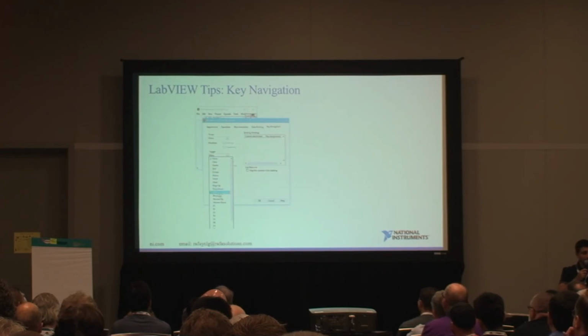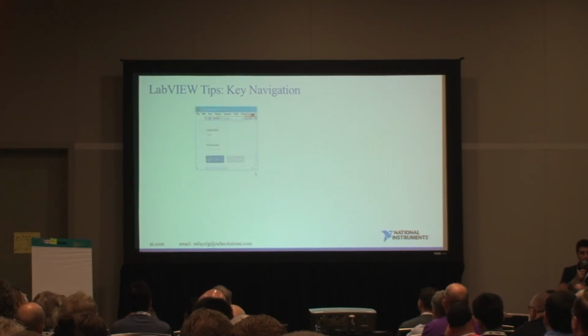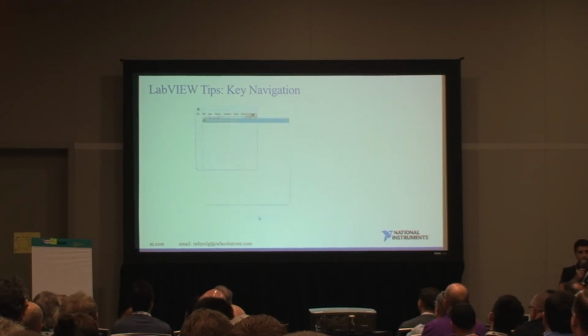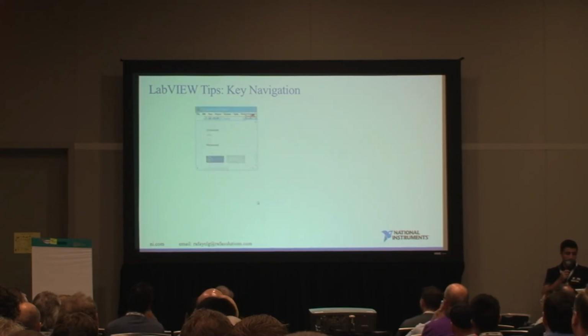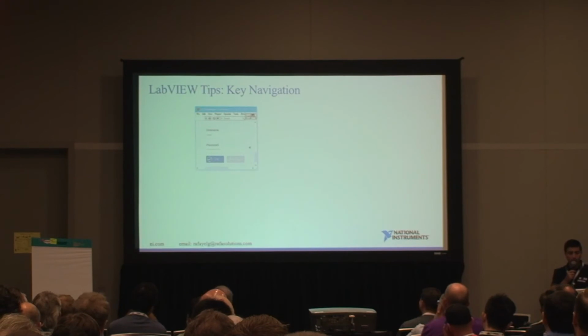So even if it is not navigated on Enter, always use key navigation for the OK or cancel. Cancel is almost always Escape. So why don't you just relate the Escape key on the keyboard to the corresponding button. That's the simple way to do it in LabVIEW. Probably you are aware, or otherwise you can see how it can be done. That's it.